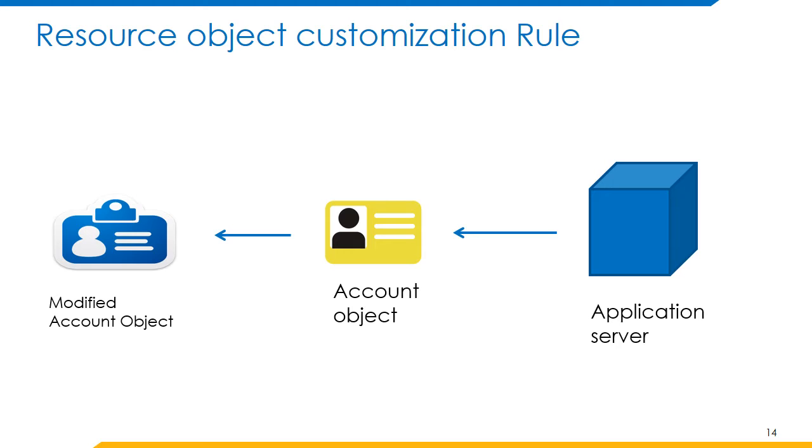The inputs to this rule are a default resource object that is created even in case where there is no rule. That's a default resource object that is created without a rule. Application object, which represents the application under consideration.